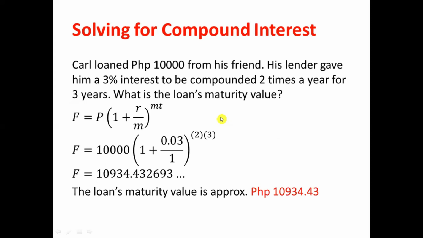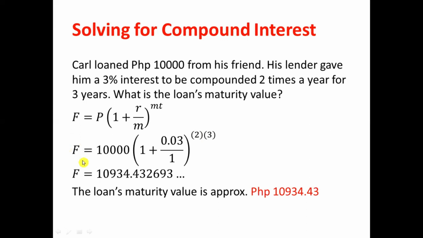So side note, guys, you should really be careful sa pag-input nyo ng values sa calculator. Although it's very easy to just substitute the variables with values, we cannot deny na sometimes nagkakamali talaga tayo sa pag-input ng digits. So, make sure na correct yung nalalagay niyo sa calculator nyo.